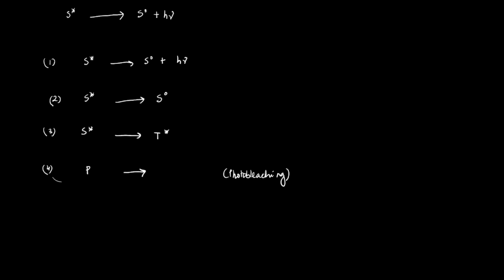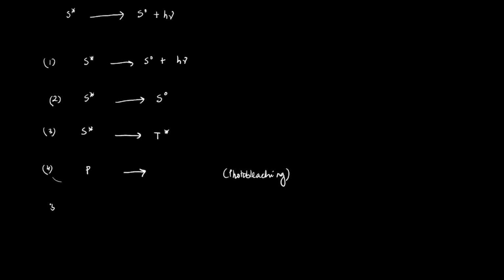All right, next is if only quenching occurred. What is quenching? Quenching is shortening of the lifetime of the excited state. Let's say the electron remains in the excited state for so and so time. If we have to shorten that lifetime, we add a quencher. That process is known as quenching.